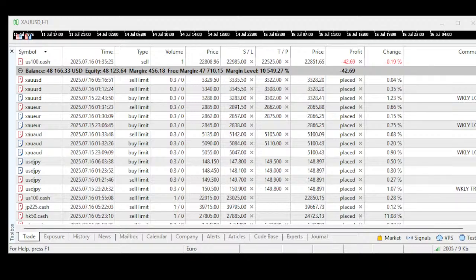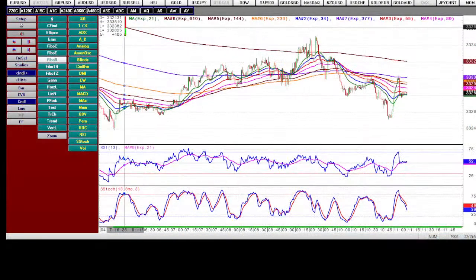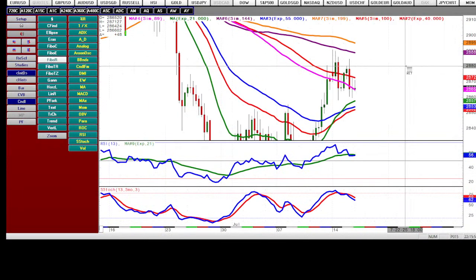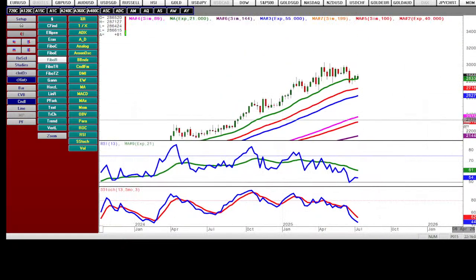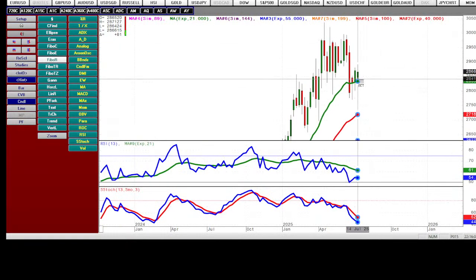Okay, so looking at the chart again, gold euro. Okay, gold euro on the weekly. Okay, this is pointing up. Okay, can you see the difference between the gold US and the gold euro? This is pointing up. The reason being is because of euro weakness.